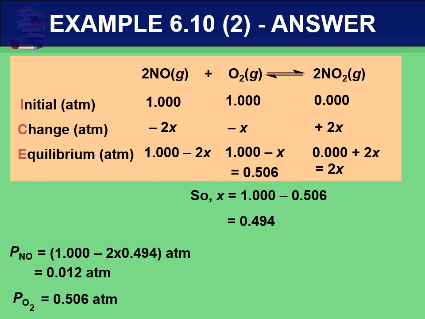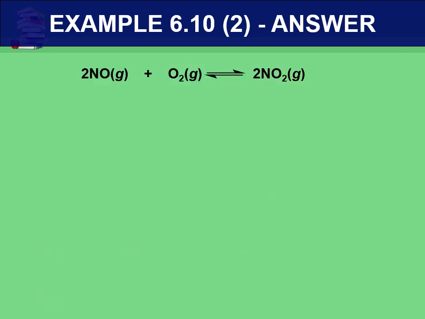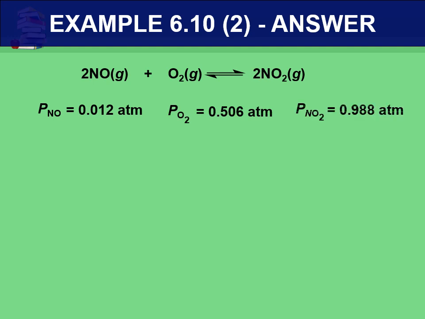The partial pressure of O2 is given in the question. And now we find the partial pressure of NO2, which is 2x, 0.988 atm. Finally, we list down all the equilibrium partial pressures of each species in the balanced equation, and then we write the Kp expression, which is partial pressure of NO2 to the power of 2 divided by the partial pressure of NO to the power of 2 multiplied by partial pressure of O2.